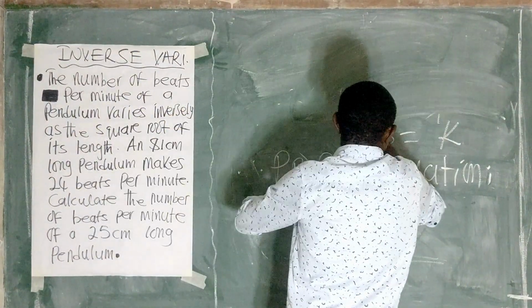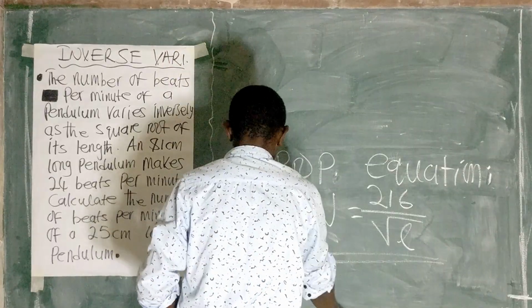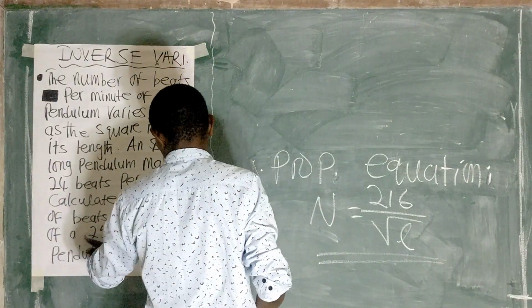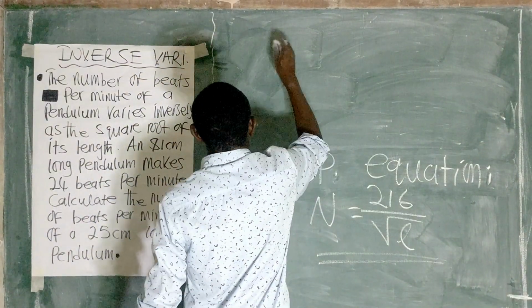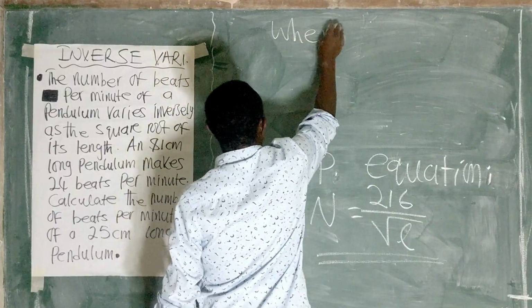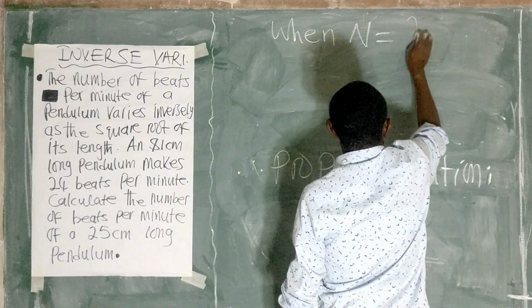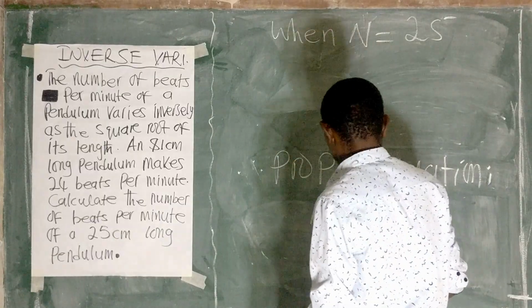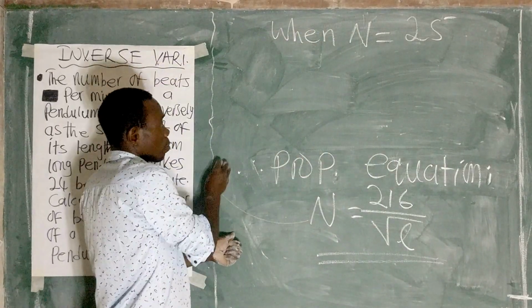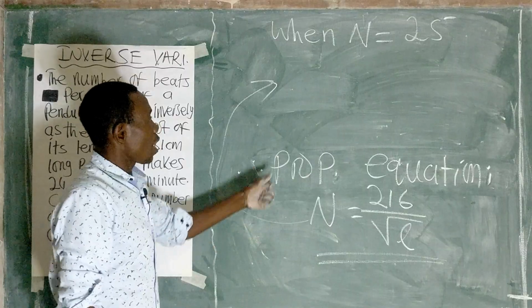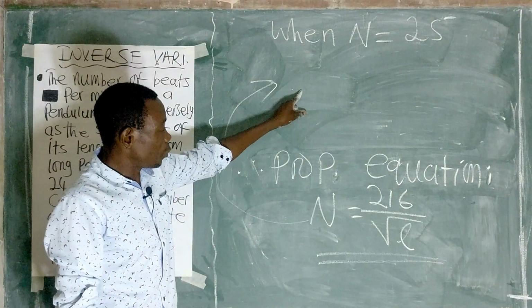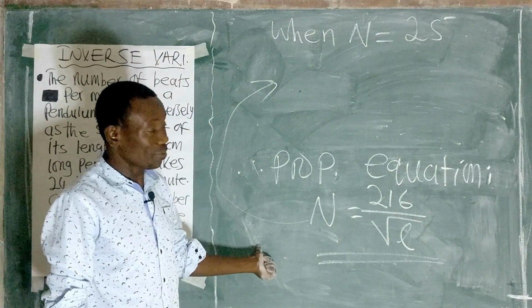So you present it like this: this 25 we are given here is L. So when L is equal to 25, you're going to take your proportionality equation and use it to work out the value of n.